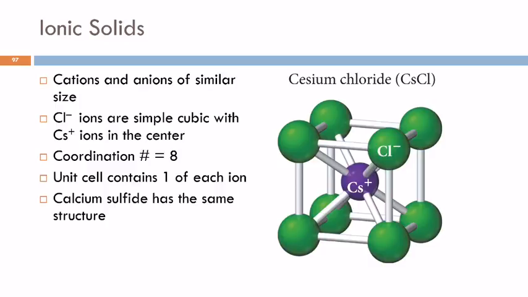And each unit cell has one of each ion. So if you looked at the cesium ions, they would have their own cubic unit cell. This is not body-centered. This is simple cubic. Simple cubic looking at the chloride ions, and then the cesium fits in there. Calcium sulfide has the same structure.